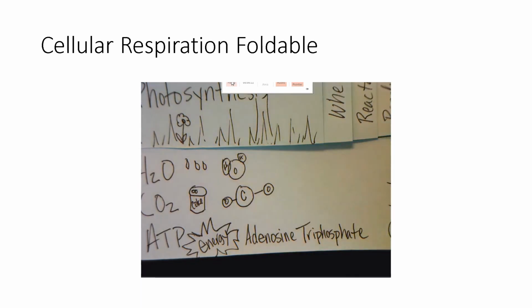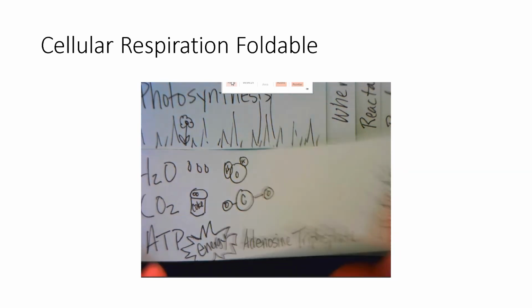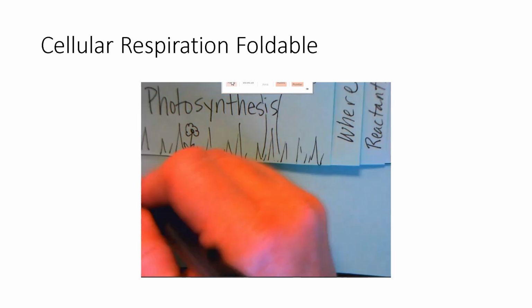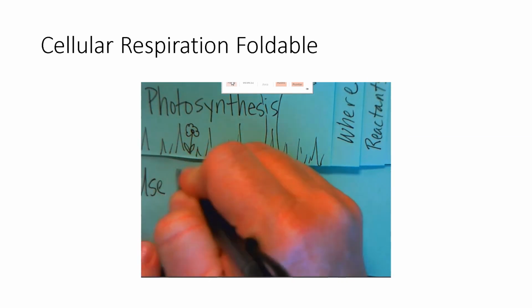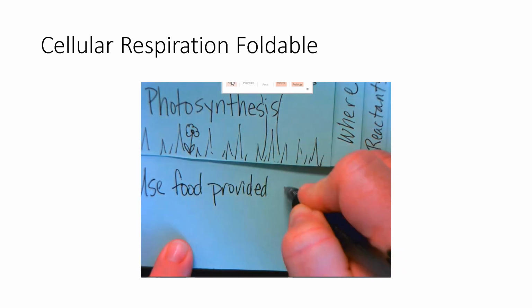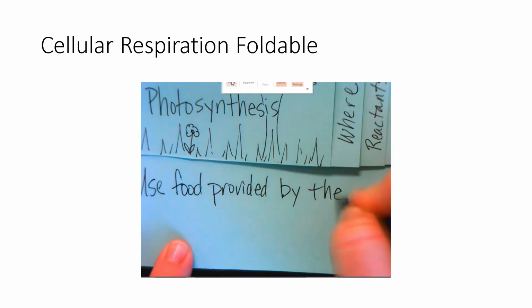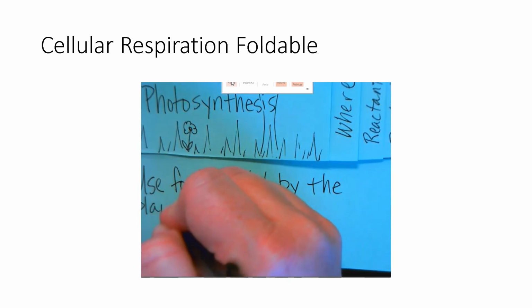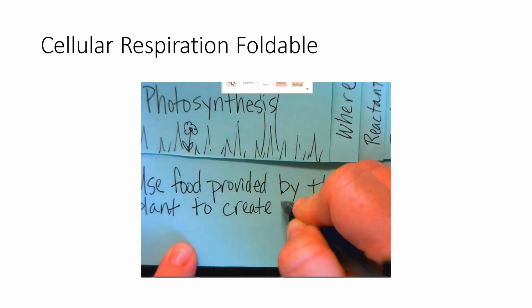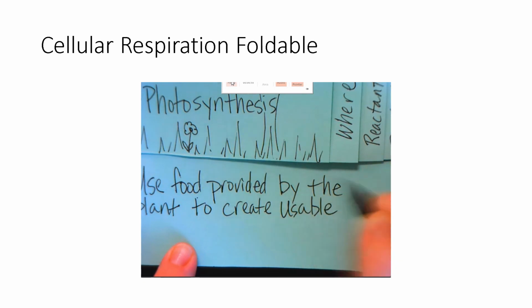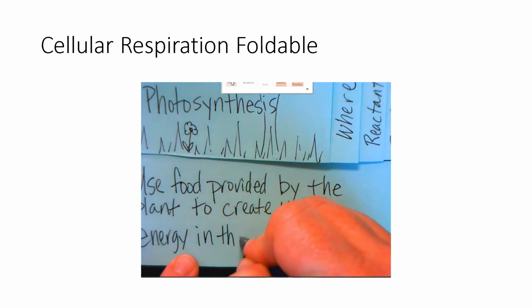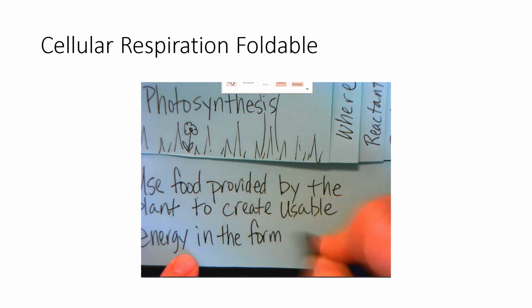Okay, let's turn to purpose now. What is the reason we do cellular respiration? What are we trying to get? Energy in the form of what molecule? ATP. So we're going to use food provided by the plant to create usable energy in the form of ATP.